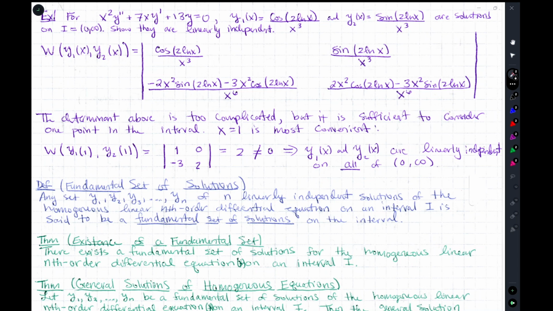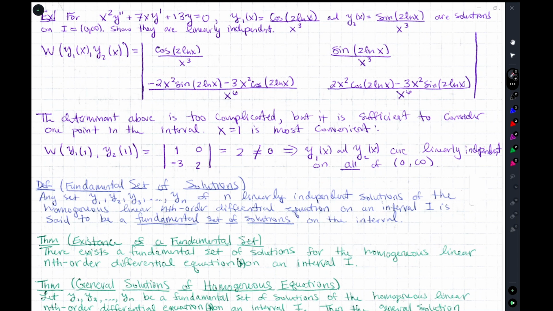So for second order equation, we could find two functions which will be linearly independent and solutions to the homogeneous. For third order, we could find three functions that will be linearly independent, meaning their Wronskian is non-zero at some point. And they are each independently solutions to the homogeneous nth order linear equation.